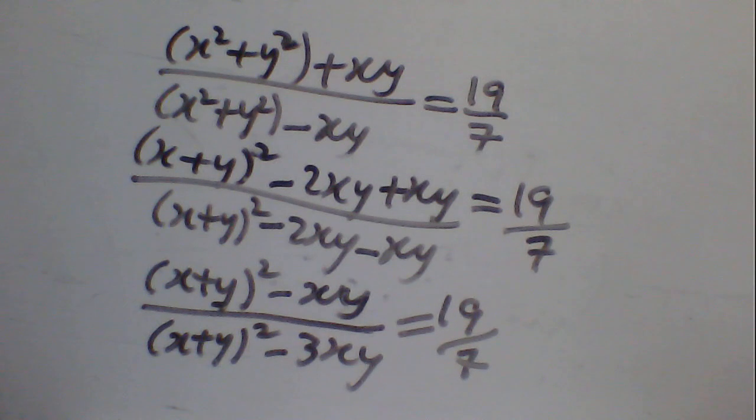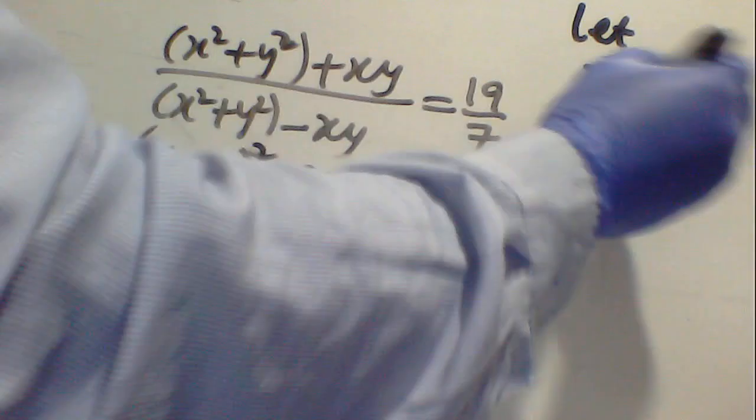So what is the next thing we should do? The next thing is to assign a variable to these terms. So in this case we can let s + y be equal to v, and let sy be equal to z.